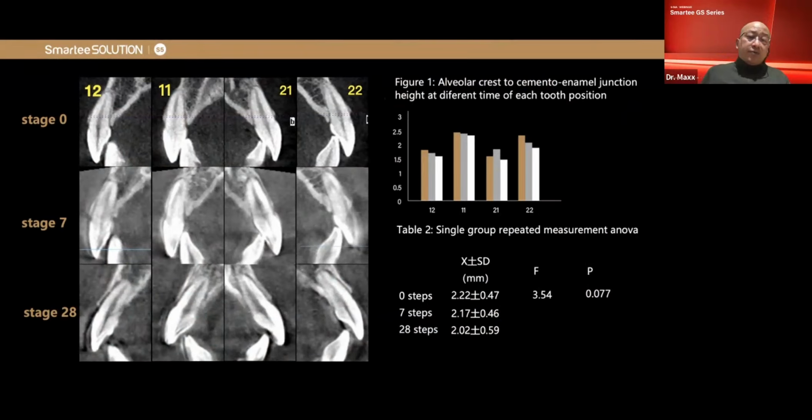From the CT scan, we can see that the bone and root relationship is getting better and better, and at the same time, the deep overbite is quite improved.